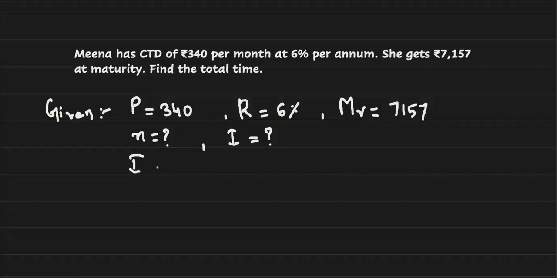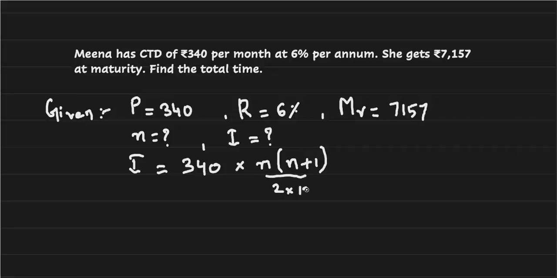Interest is not given, I. P is given, 340, multiplied by n, which is not given. So you will write n as it is, n into n plus 1 divided by 2 by 12 is already there, multiplied by r. R is nothing but 6% divided by 100.